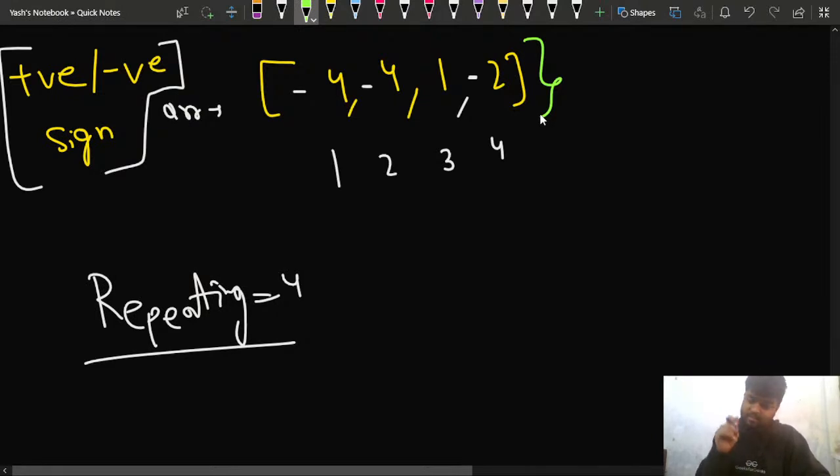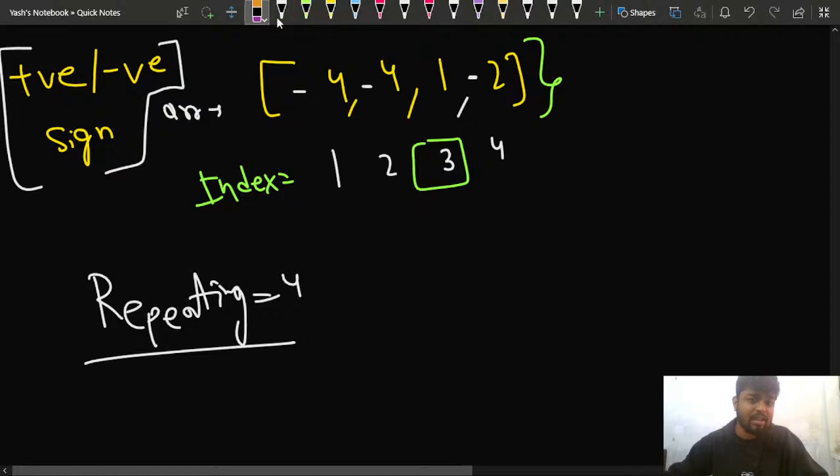Only one index is there at which the element present there is positive, rest all elements have become negative. So which element is having a positive value? Can I say that at index 3 the element is having a value of 1?